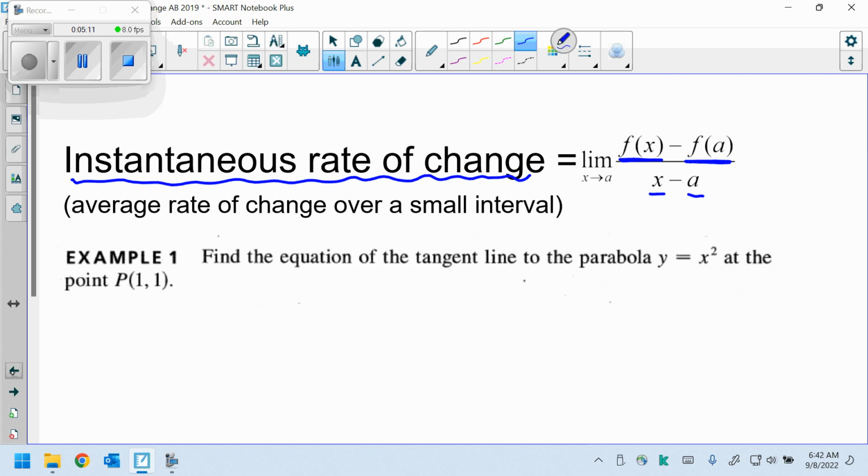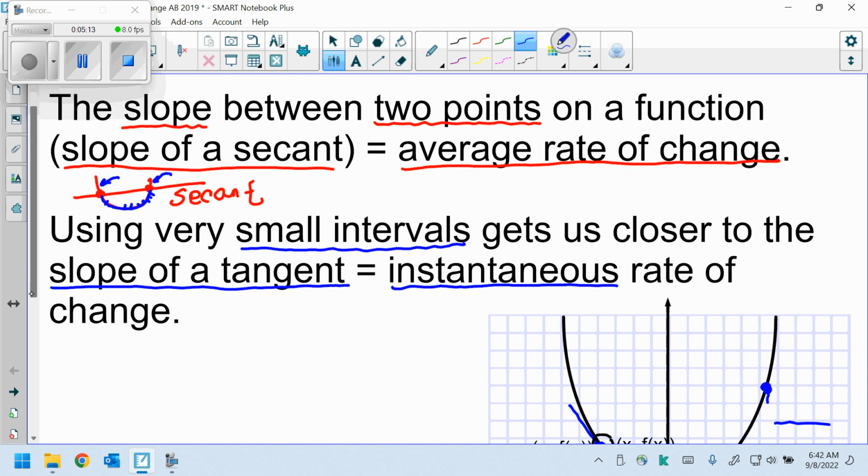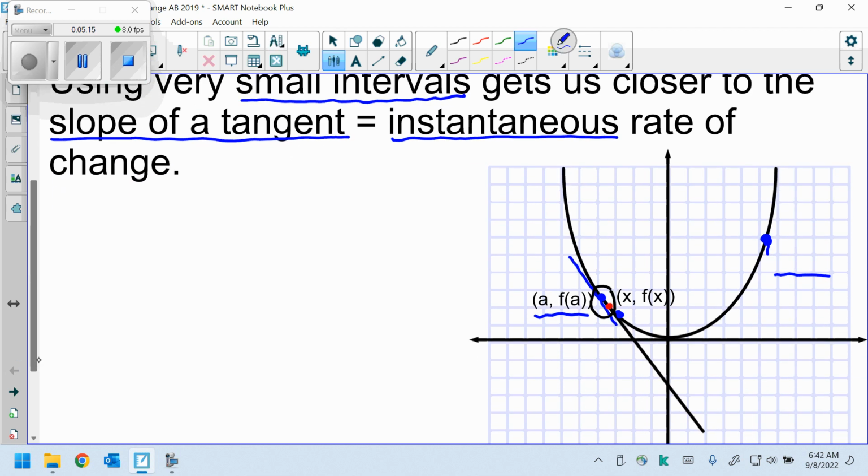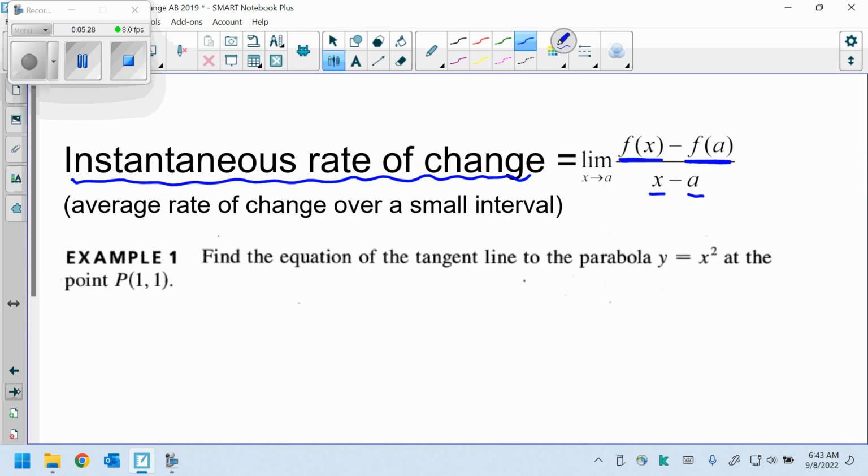Now let's just go back here. y2 minus y1 over x2 minus x1. So we're finding the slope of a secant line. However, we're going to take the limit as x gets really close to a, as these x values are really, really close to each other.